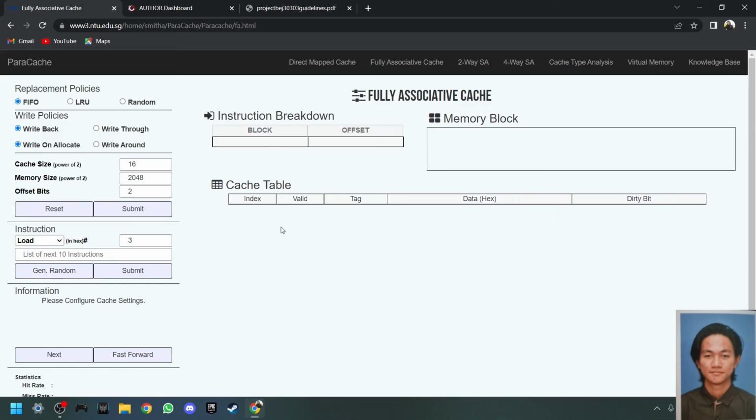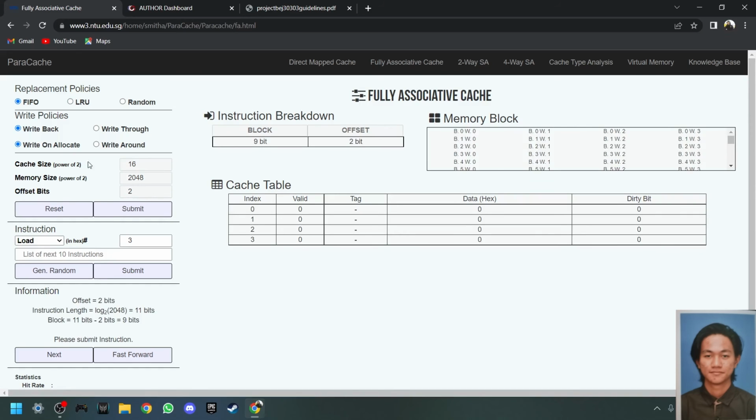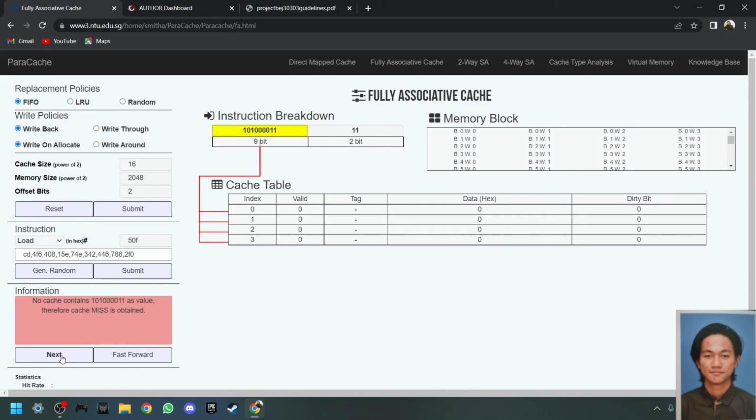The main memory block can be placed into any cache block position. Yeah, it can be placed in any block.